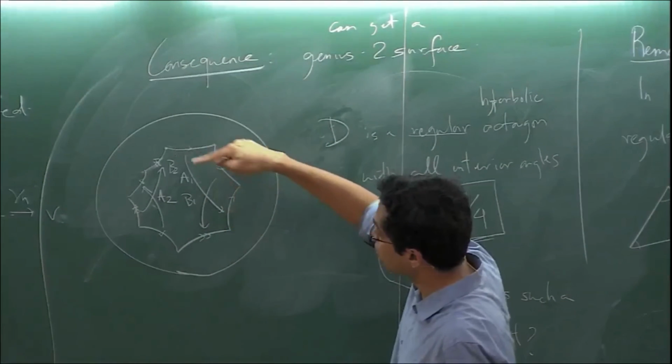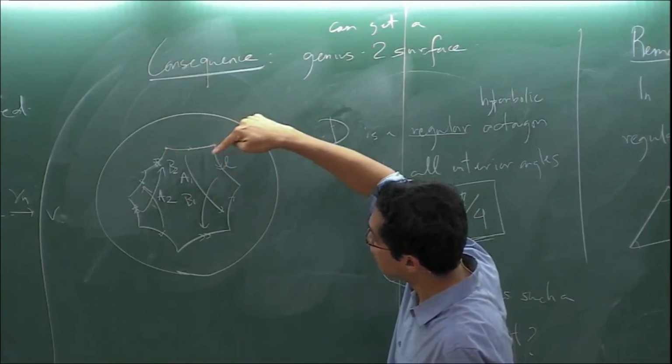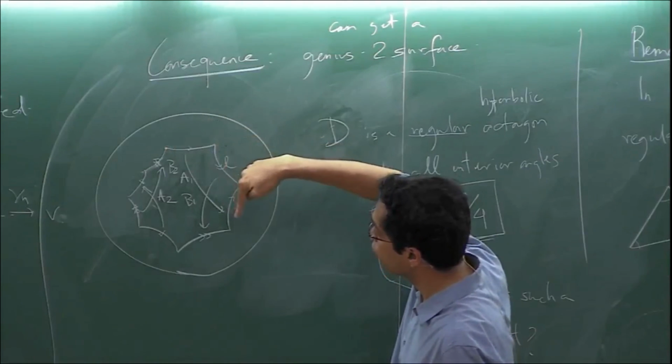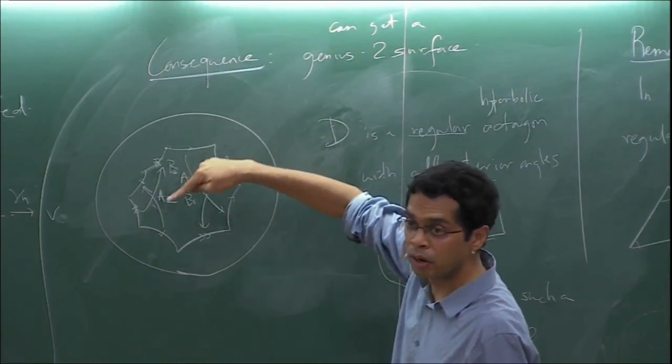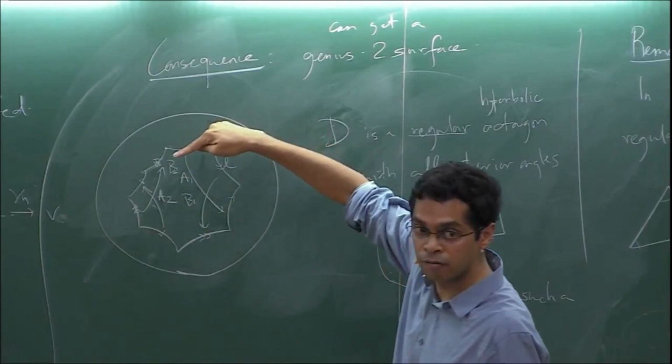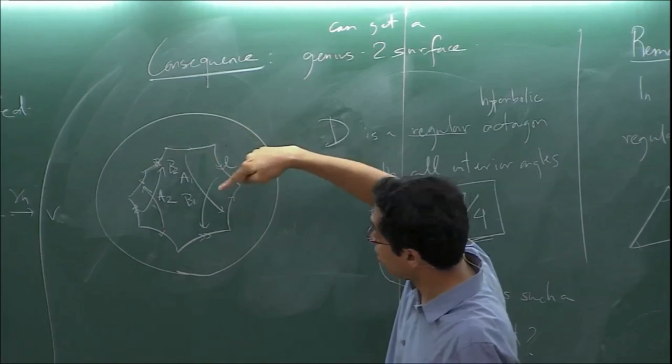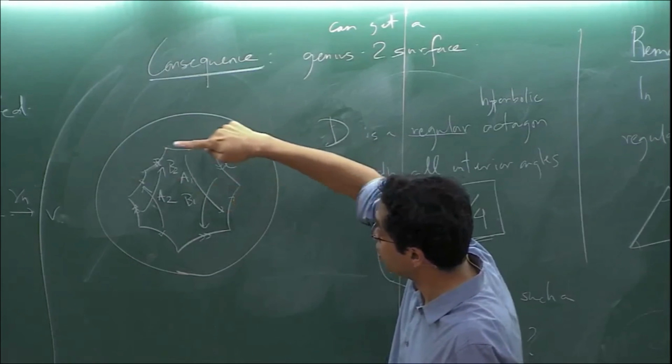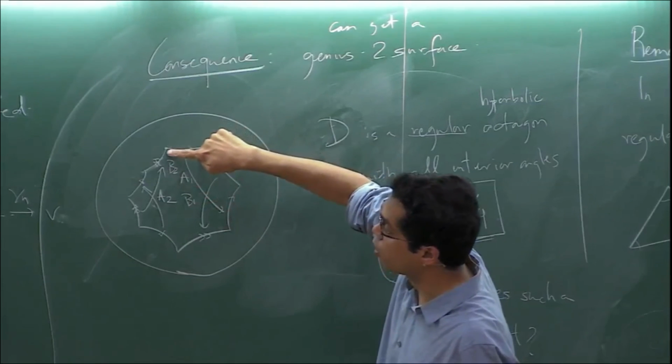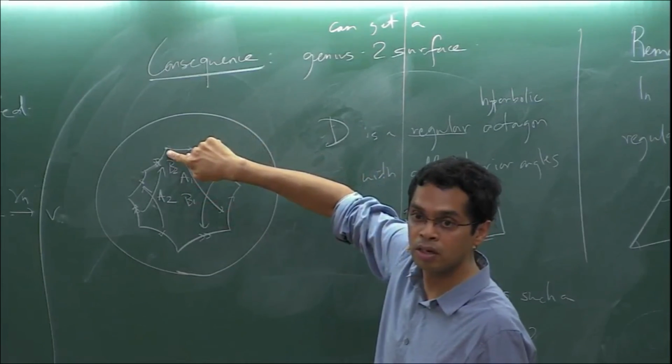So this vertex cycle involves 8 pairings, and you come back to yourself. Every time you rotate by pi by 4, so by the time you come back, you get the identity element. This composition is the identity.